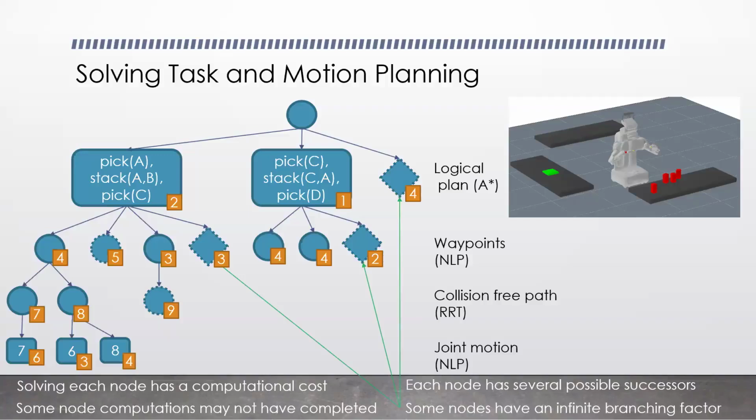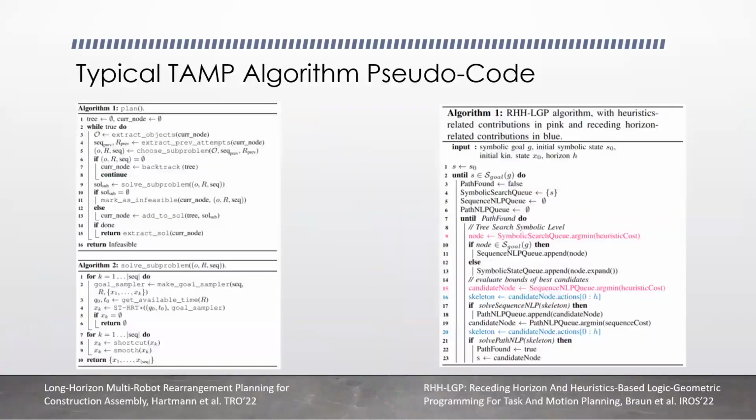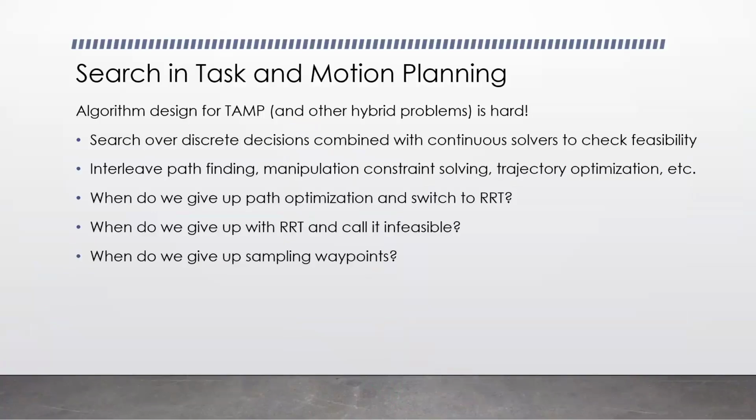I won't go into too many details. This is what you don't want to do. What we want to do is keep things stupid and simple, and basically we want our search algorithm to make the algorithmic decisions for us. We want the algorithm to decide where to invest the next unit of computation time.